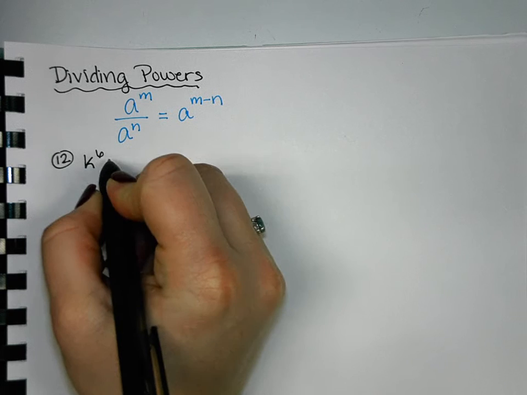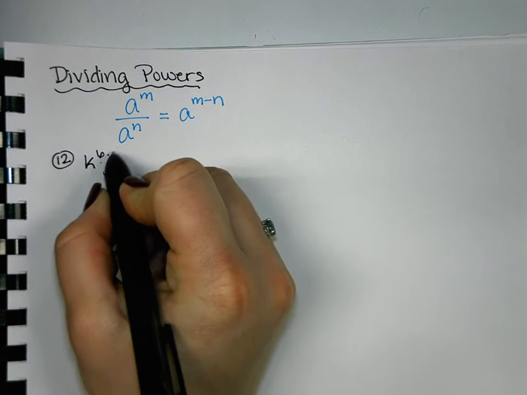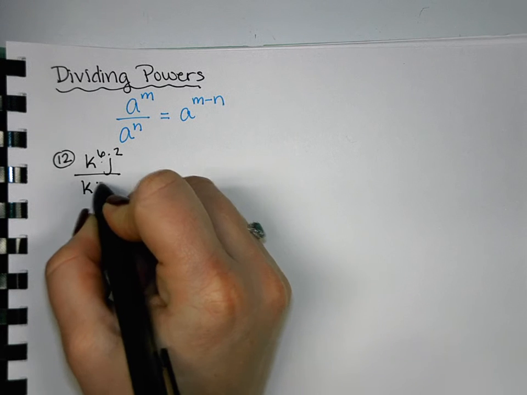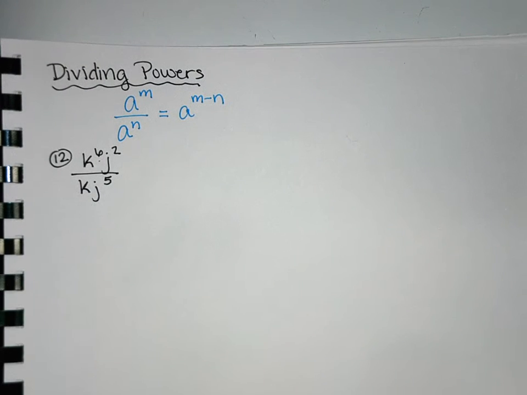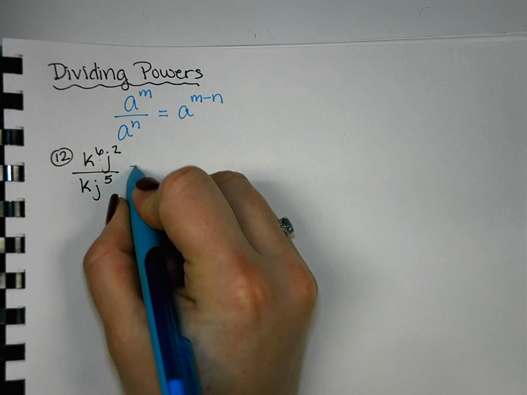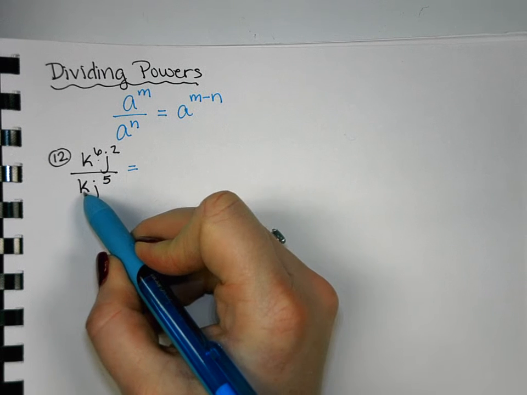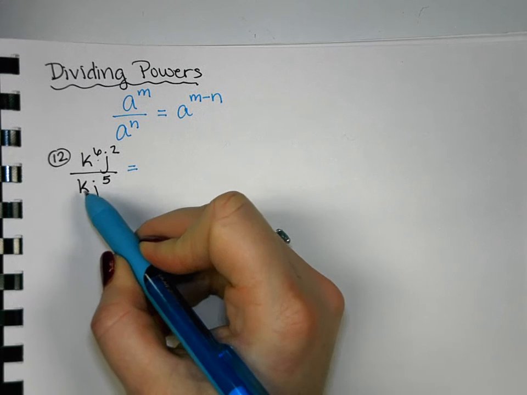So if we look at a problem like k to the 6th j squared divided by k j to the 5th, what's our exponent on k in the denominator? 1.